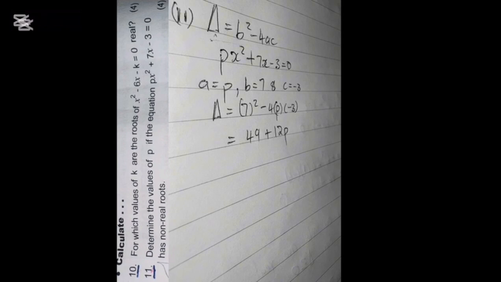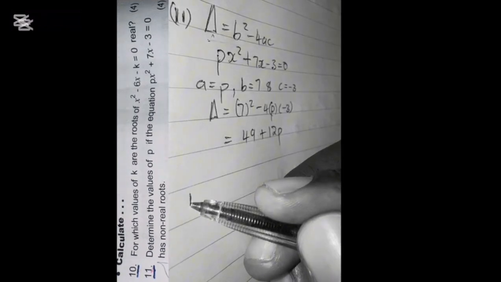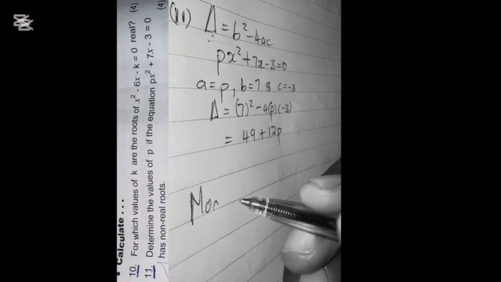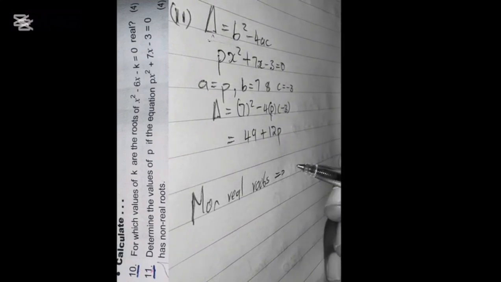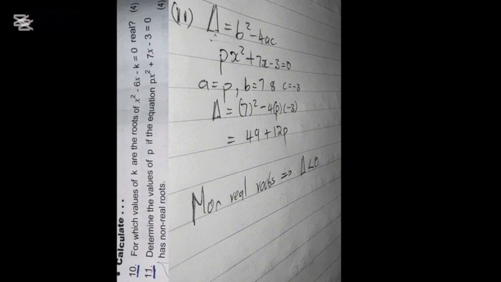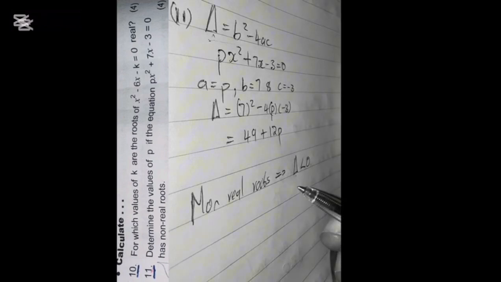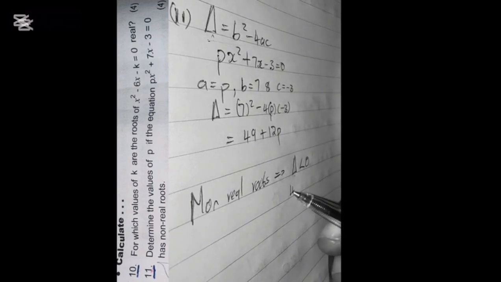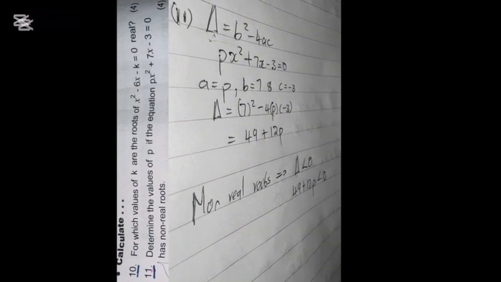So non-real roots imply that the discriminant is less than 0. And we know that the discriminant is equal to 49 plus 12p. So we can say 49 plus 12p is less than 0.